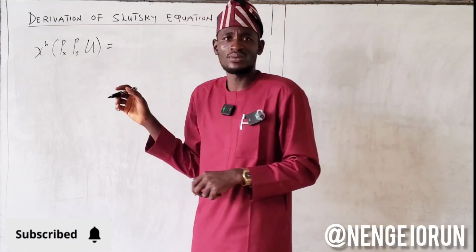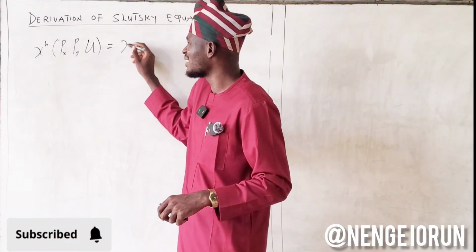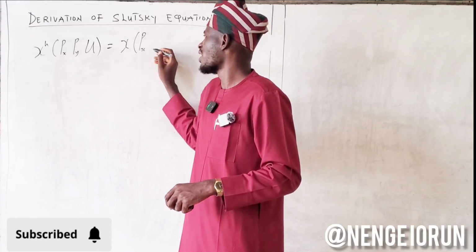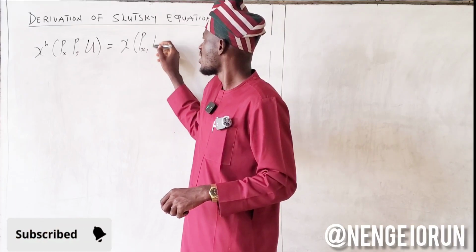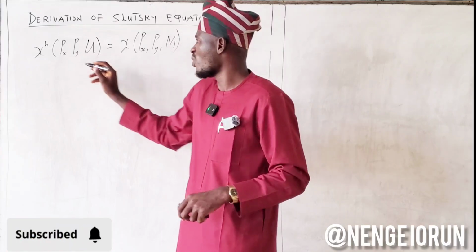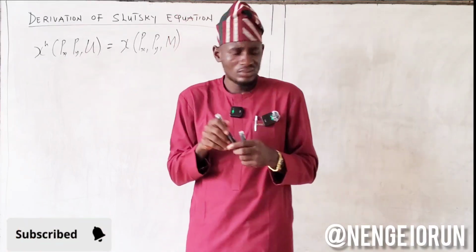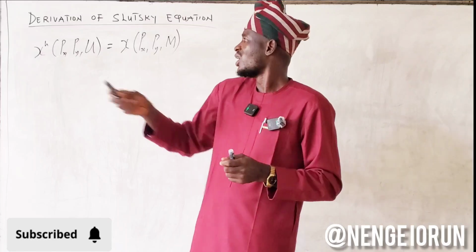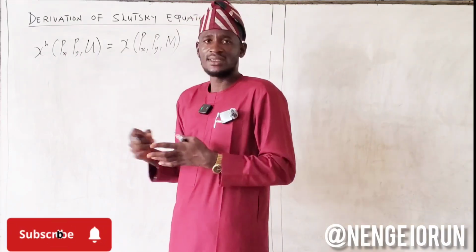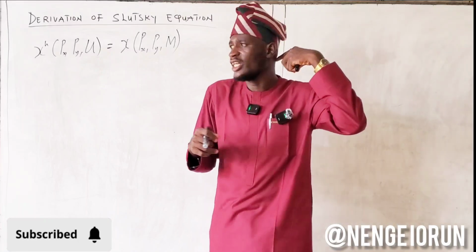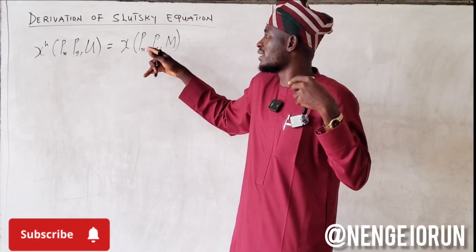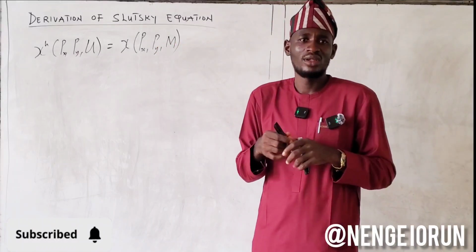This is equal to the Marshallian demand function, which is a function of the price of x, the price of y, and income. In essence, the Hicksian demand function is a function of price and utility, while the Marshallian demand function is a function of price and income.